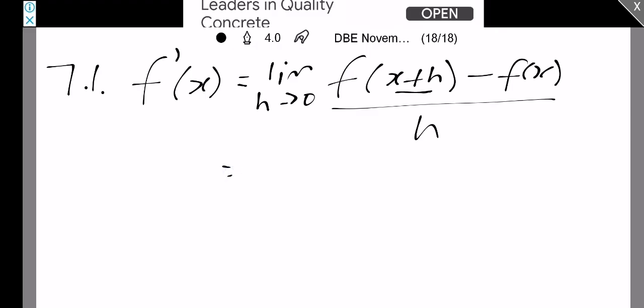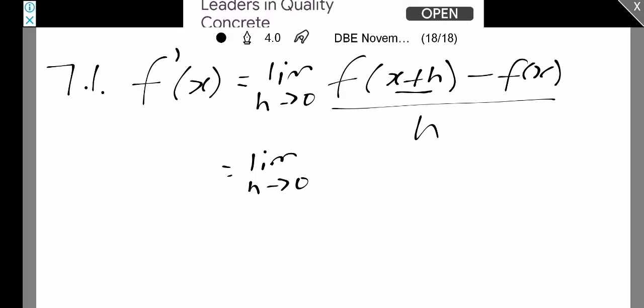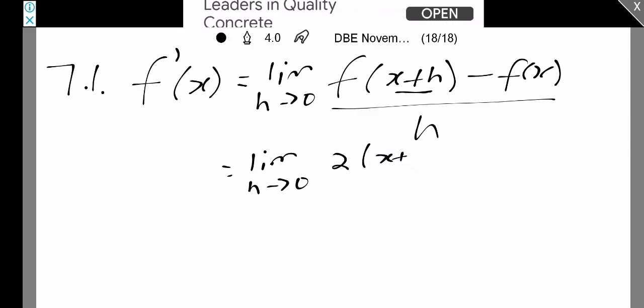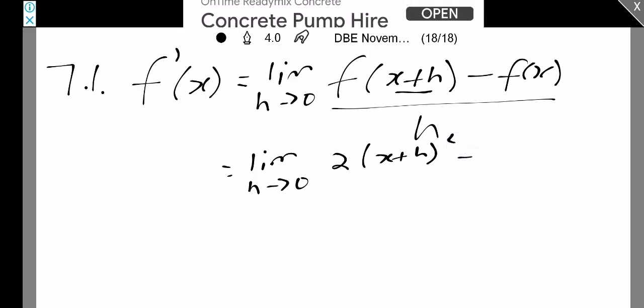So it's going to be equal to the limit when h approaches 0. Guys, this is very important. The limit when h approaches 0, it's very important. Don't drop it. So it's going to be 2 into x plus h squared minus, remember it was 2x squared minus x.